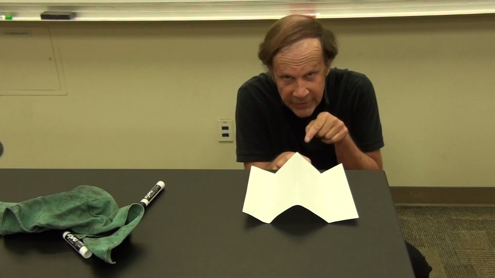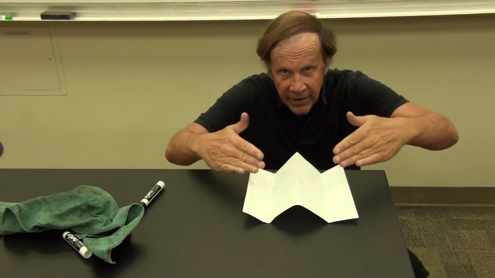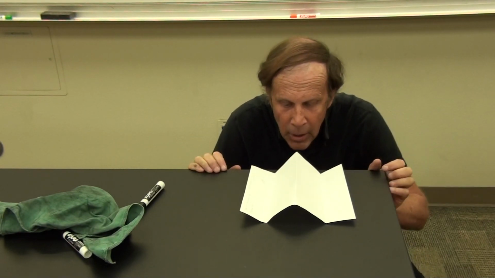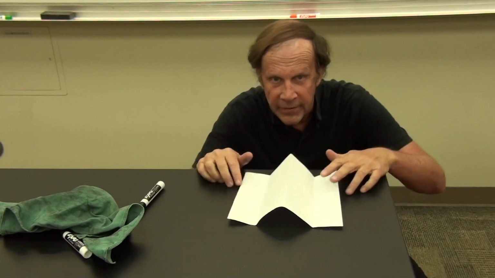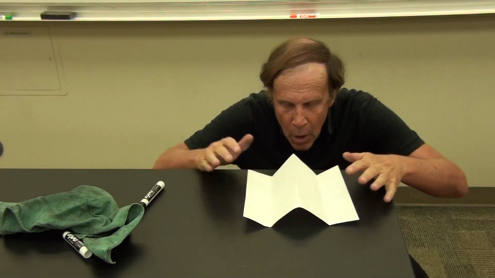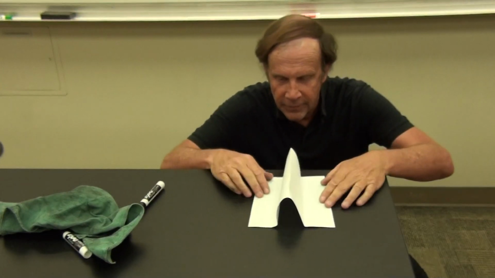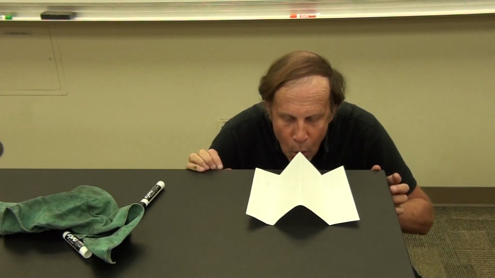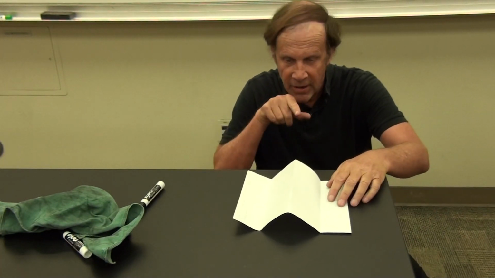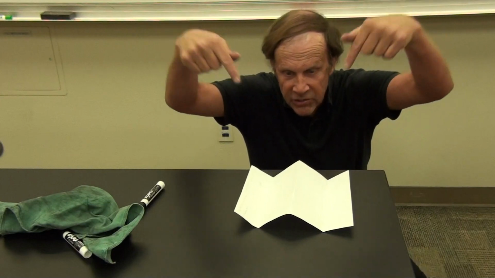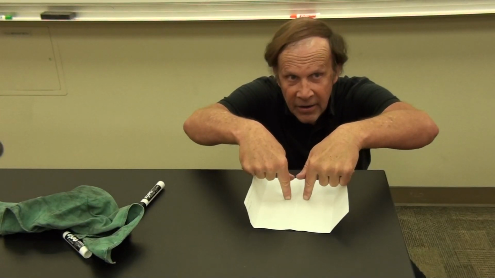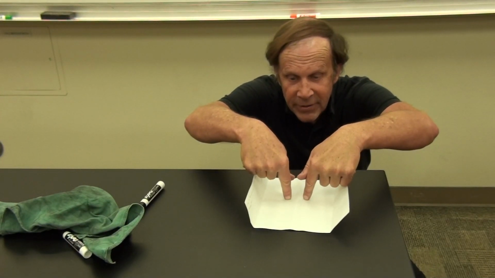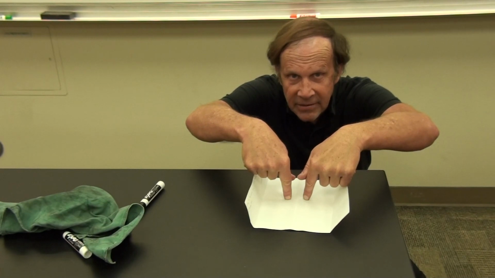Okay, because I'm blowing the air through here, not over the outside of it. So let's try that. Look at that, just flattens right out. Every single time, flattens right out. So faster velocity means lower pressure. Then the higher pressure air that isn't moving as fast from the outside can smash it flat.